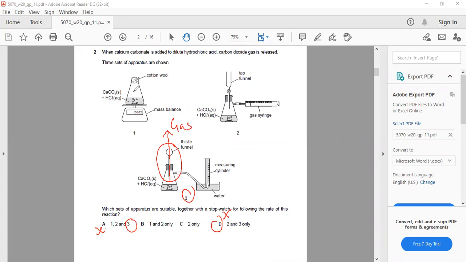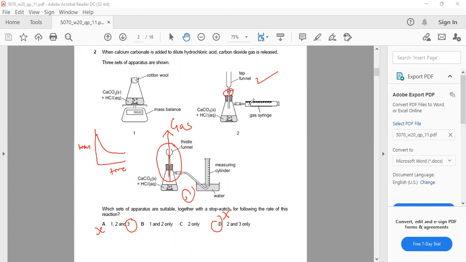Let's see now, one. Yes, one is common because gas is given out and the mass decreases, and you know the rate of reaction is mass upon time. So you can calculate the rate of reaction at any point. Okay. This one is also logical, you see. So you can use this method also.